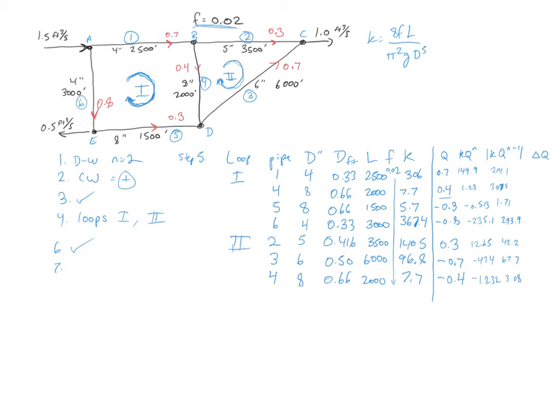Okay, so now I'm to the point where I can calculate my delta Q's. So for loop 1, delta Q, remember my general equation, delta Q is negative sum KQ to the nth over n sum KQ to the n minus 1.